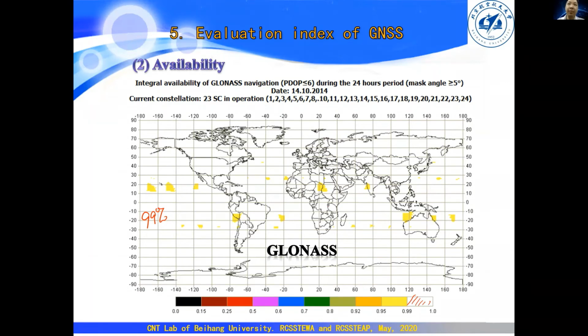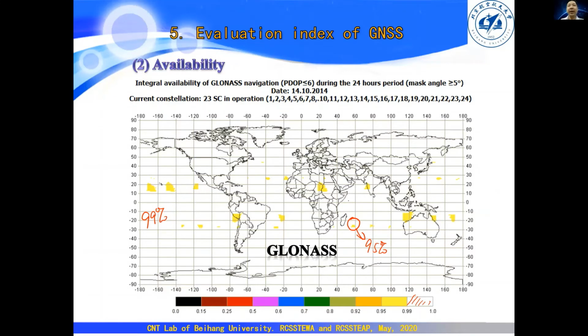But some yellow areas are more than 95%. This is availability. That means you can have the receiver output as the official document.